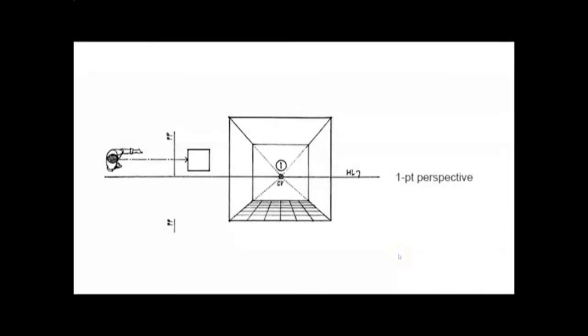We'll talk about more of the particulars in regards to one point in a little bit. So let's take a closer look at how one point perspective works using this little simple diagram. You'll see here on the left side of the diagram, it's a little plan view. Plan view is looking from above down. So you see the guy pointing towards an object right here. And this line, which has a little PP on it, represents the picture plane.